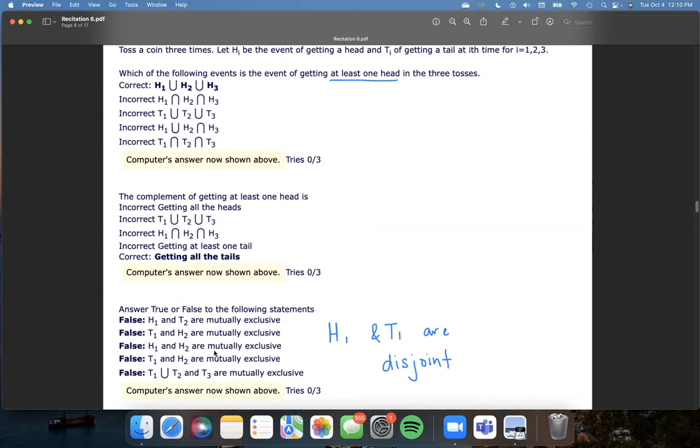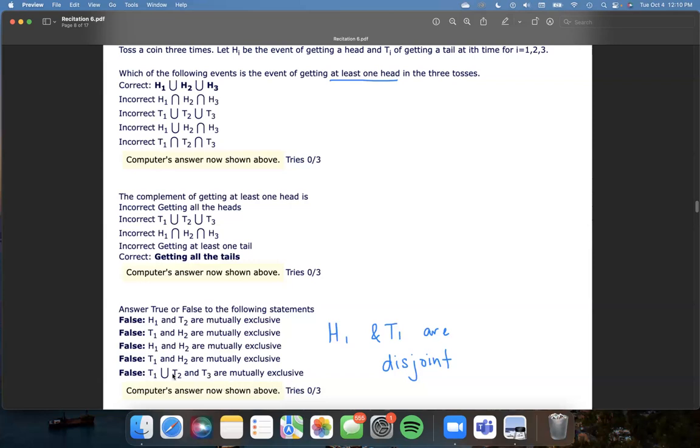H1 and H2 are mutually exclusive. That's also false, because you can get a head on the first toss and a head on the second toss. Their intersection is not the empty set. And T1 and H2 are mutually exclusive. That's false, and that's the same thing written here, so I already explained why that's false. And then T1 union T2 and T3 are mutually exclusive.